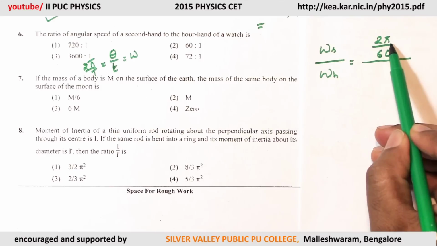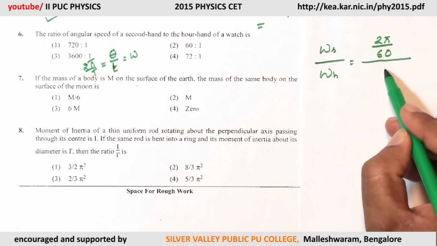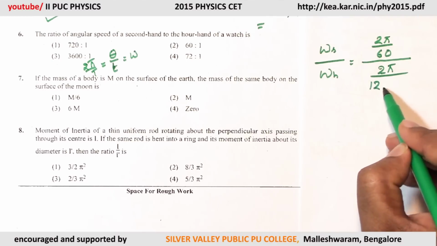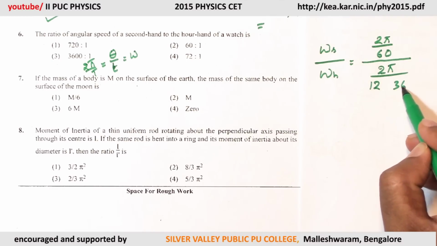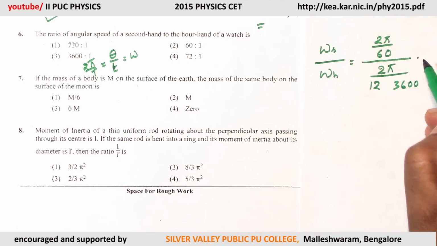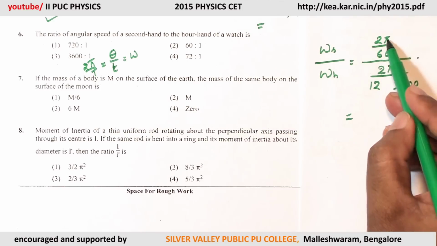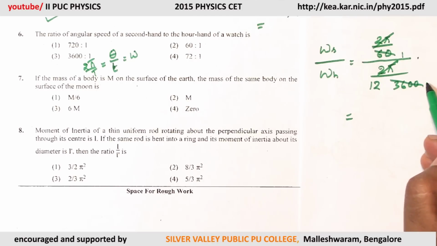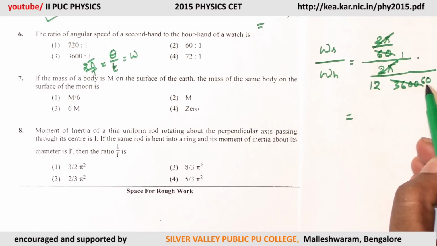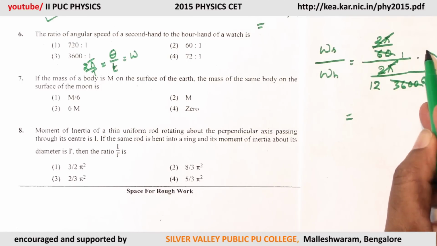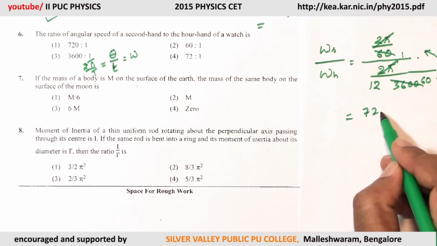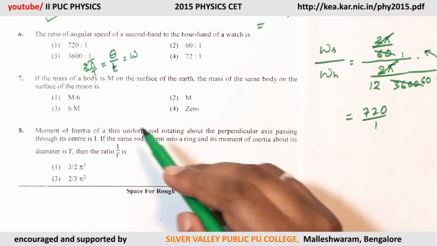One rotation is 2 pi. Hour hand takes 12 hours, so 2 pi by 12 hours, where 1 hour is 3600 seconds. 2 pi gets cancelled. 60 into 60 into 12 goes to numerator, which is 720 is to 1.